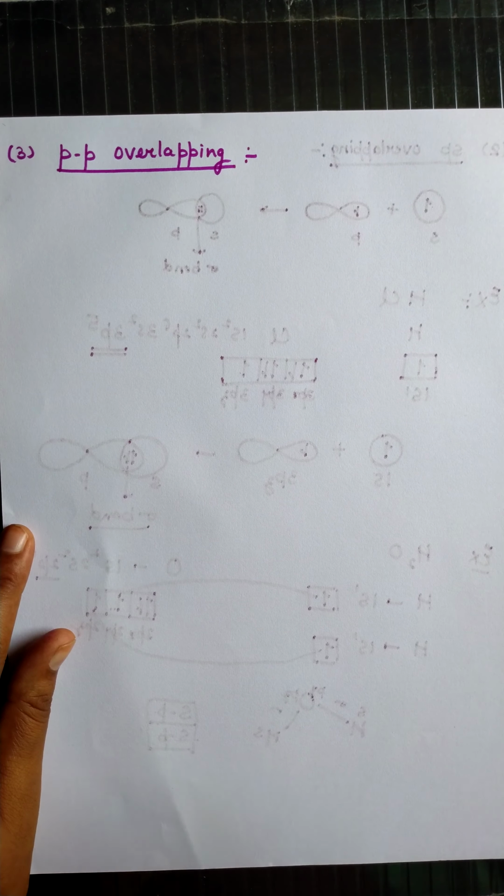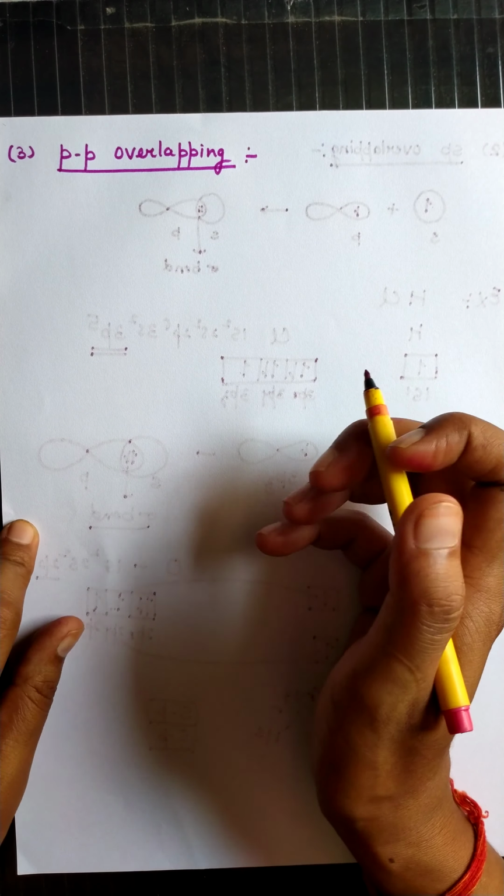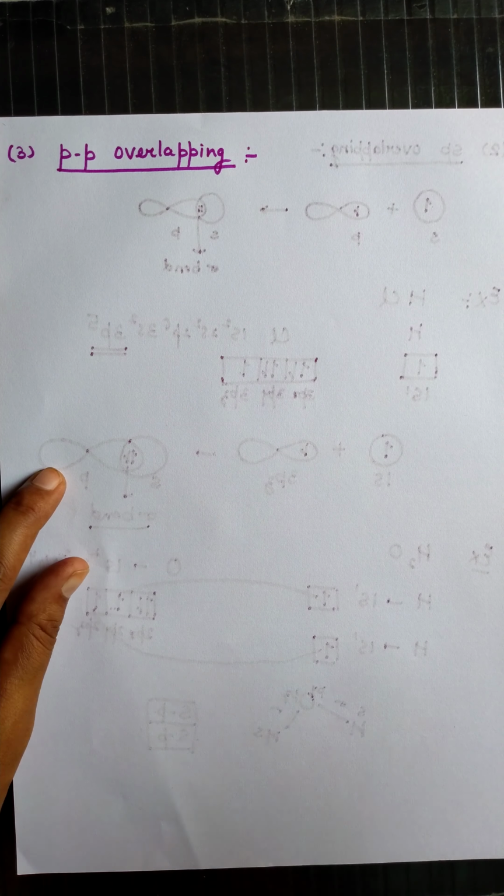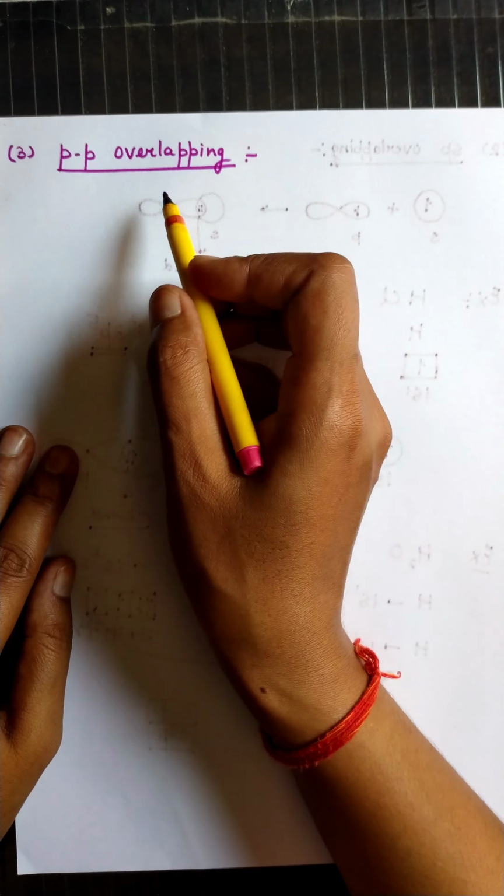Now students, the third type of axial or head-on overlapping is the pp overlapping.